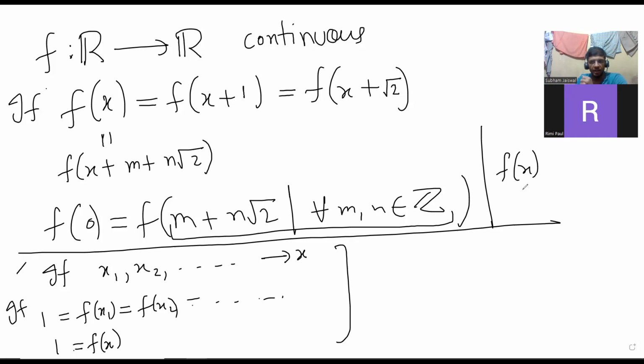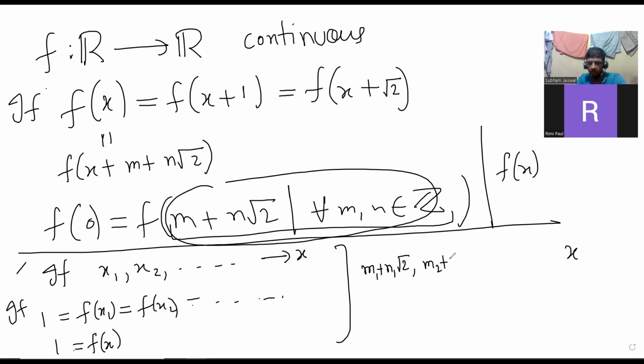We know that f(x) is constant on this set, so we will show that given any number x, there is a sequence like this coming from this set that converges to x.